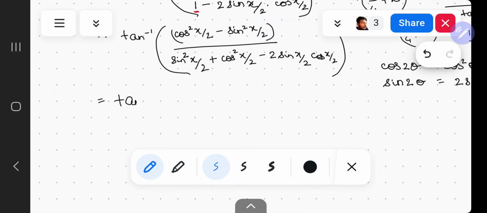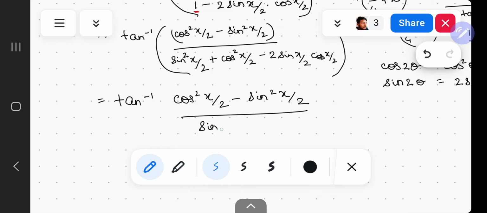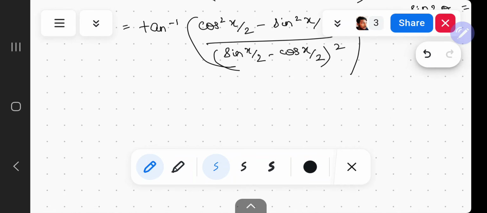So that's equal to tan inverse cos square x over 2 minus sin square x over 2 divided by sin x by 2 minus cos x by 2 whole square. Now I'm skipping the next step here. What we'll do is in the numerator we will factorize that in the form of a plus b, a minus b.